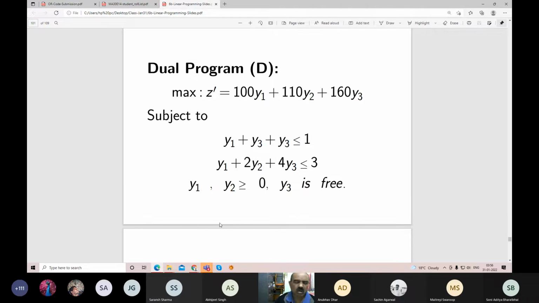If all are free, instead of 1 variable, you can use a difference of 2 variables. If y1, y2, y3 are all free, 3 variables will become 6 variables. Here only 1 variable is free, so the first 2 we keep as they are. Instead of y3, we use y3 equal to y4 minus y5. So there will be 4 variables. There is no problem.